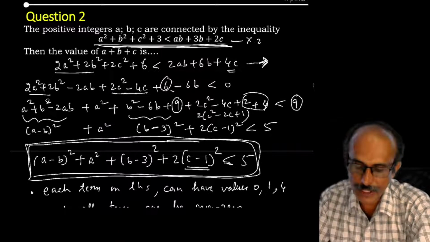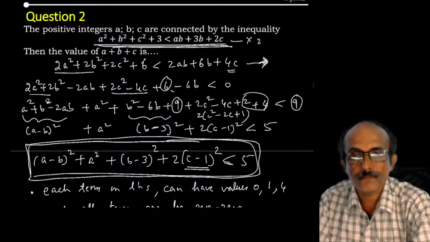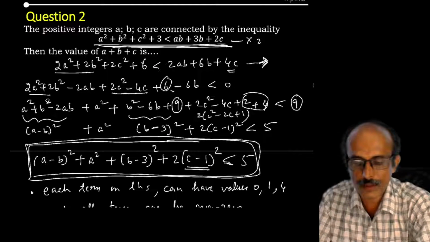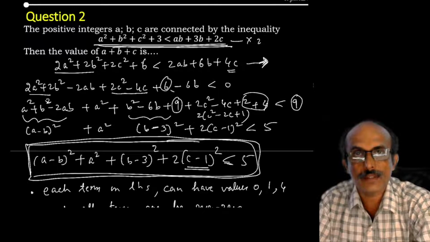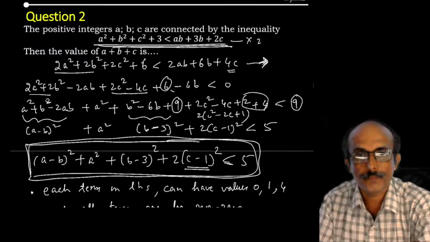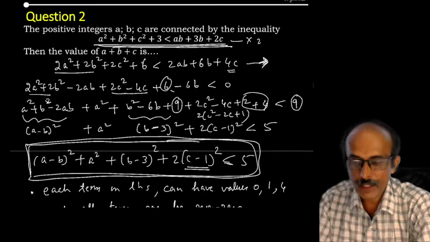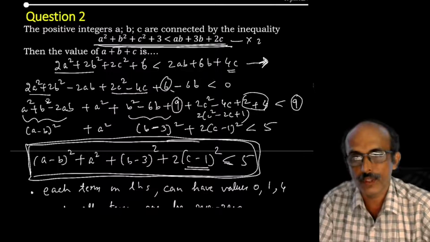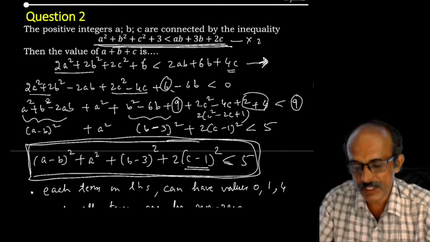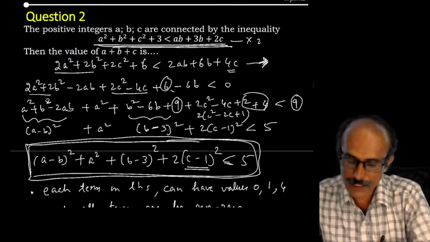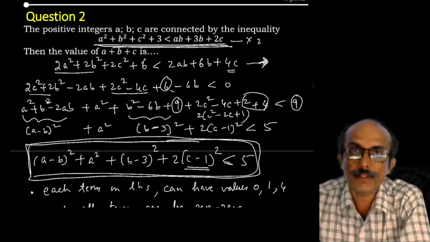To identify that, we have to manipulate it into a suitable form. The motivation for this manipulation is the presence of squares, a square, b square, c square, so you are trying to get whole squares like (a minus b) square and so on. And this inequality cannot hold for arbitrary values of these terms. It can hold only for 0, 1, 4, and that lets you restrict the values of a, b, c. So that is a nice problem on natural numbers.